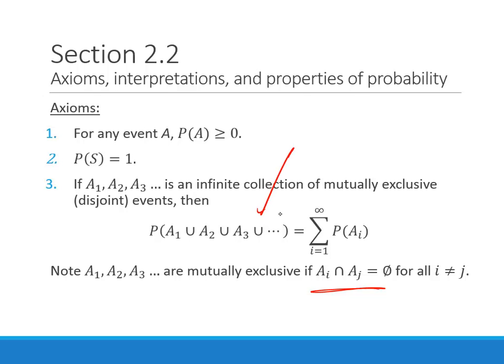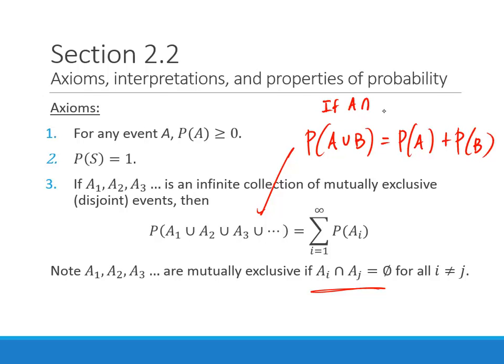An example of this would be the probability of A union B is the probability of A plus the probability of B, if A and B are disjoint. So again, just some basic rules here that we're going to use to establish some other rules that we will need to use quite regularly in this chapter.